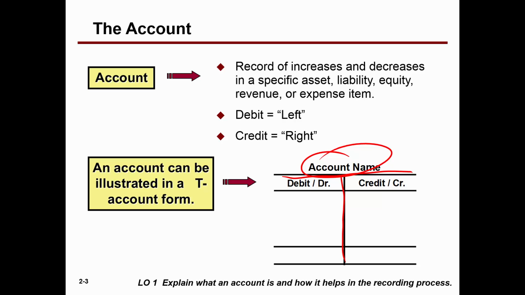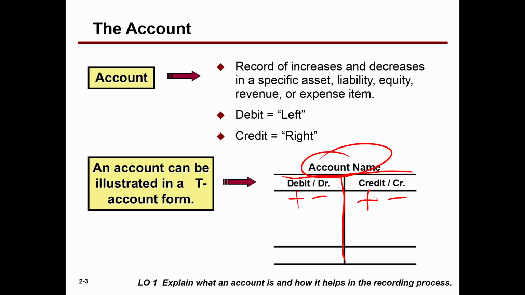And depending upon the rules for a certain type of account, debits could increase or debits could decrease. Likewise, depending upon the type, asset, liability, revenue, expense, the type will determine whether credits will increase or decrease.